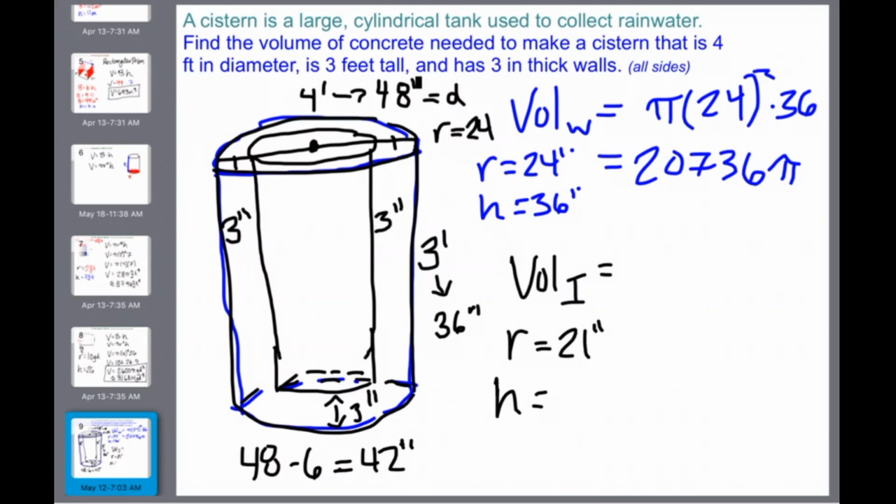Next, we want to find our height. With our height, we're taking off that 3 inches on the bottom of our container. Since it's collecting rainwater, we don't have that 3 inches at the top because it would be collecting from, actually no, we would have that 3 inches at the top. So if it's 3 inches all around, we're going to take that literally. So we're doing 3 inches on the top as well.